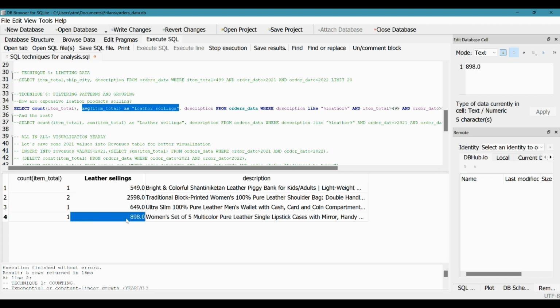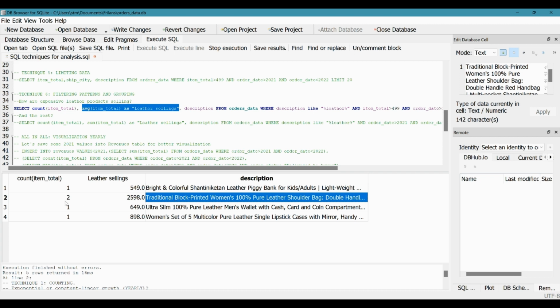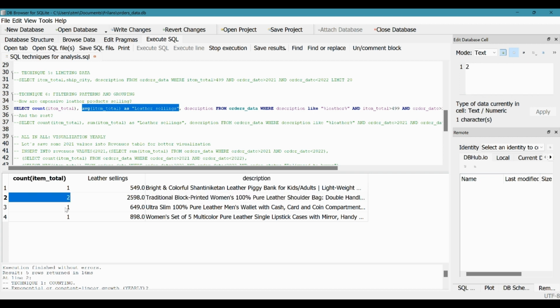I got one order with an average of 898, one order for 549, one for 649. So my hunch was correct that there were some leather products that were selling very good, and I just grouped them according to this description, counting the total of the orders for each description.